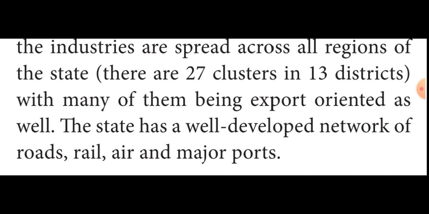That means through these industries, many goods were exported all over the world. And the state has a well developed network of roads. Why is industry developing in Tamil Nadu? There are road facilities, railway lines, air facilities, and many ports. Because of that, industrialization developed in Tamil Nadu.